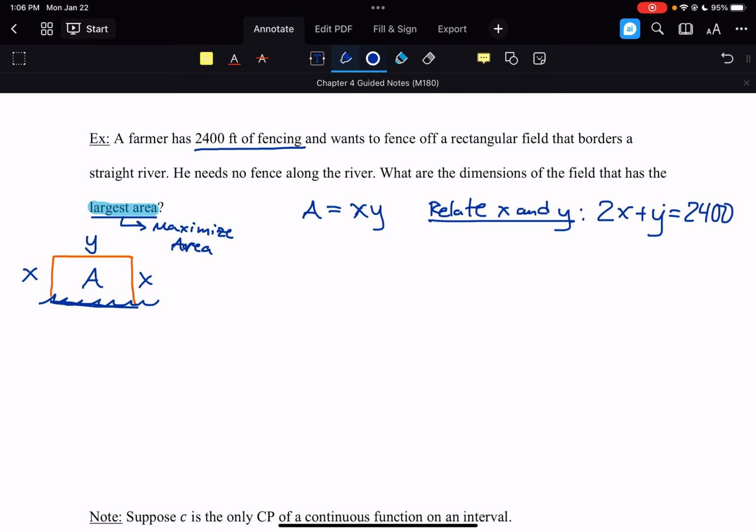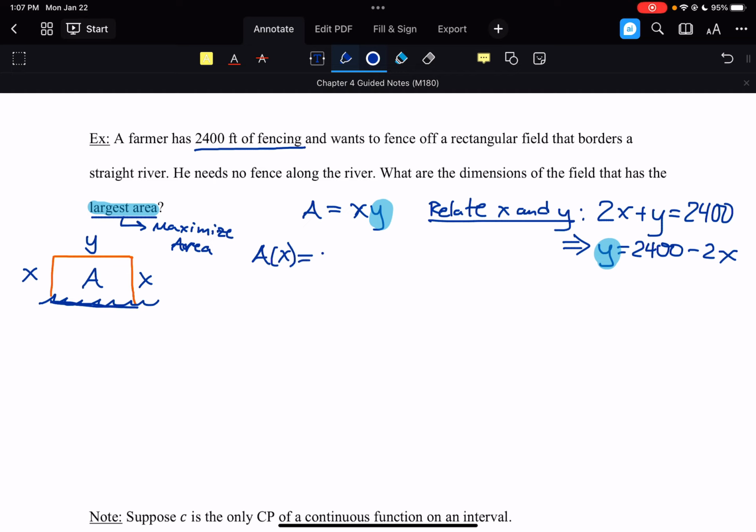And notice we have a single y right here. I'm going to go ahead and subtract the 2x to the other side. That leaves us with y equals 2400 minus 2x. And now this can go into this formula for the area. So we're going to get area in terms of x only.